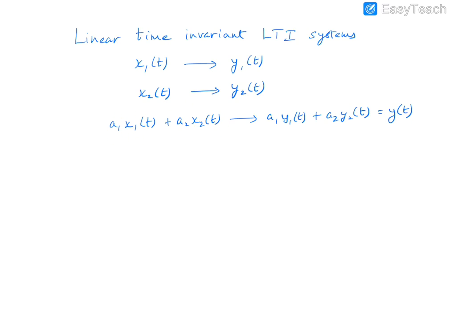When the input signal of a system is a linear combination of some functions x1, x2, and so on, the output is also a linear combination of the individual outputs for each of those x1 and x2 and so on.